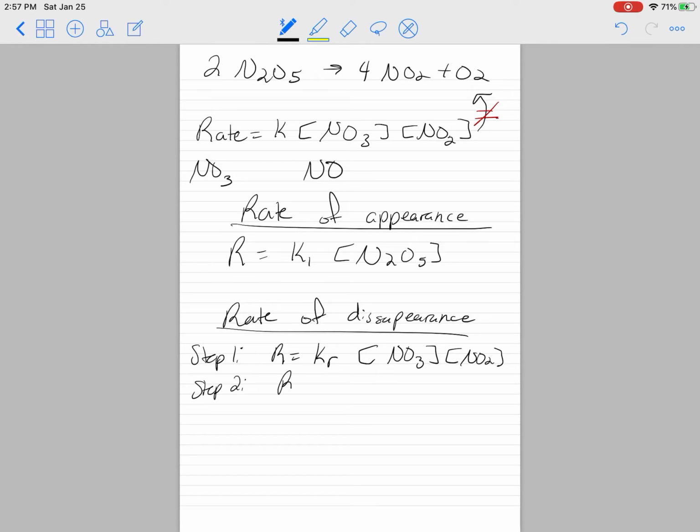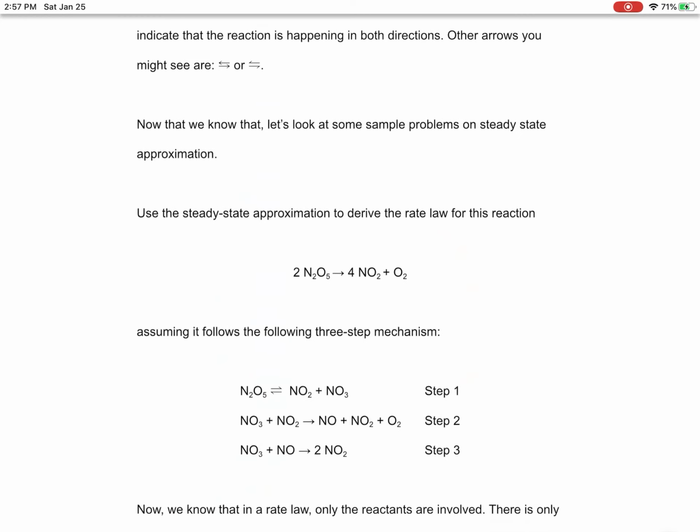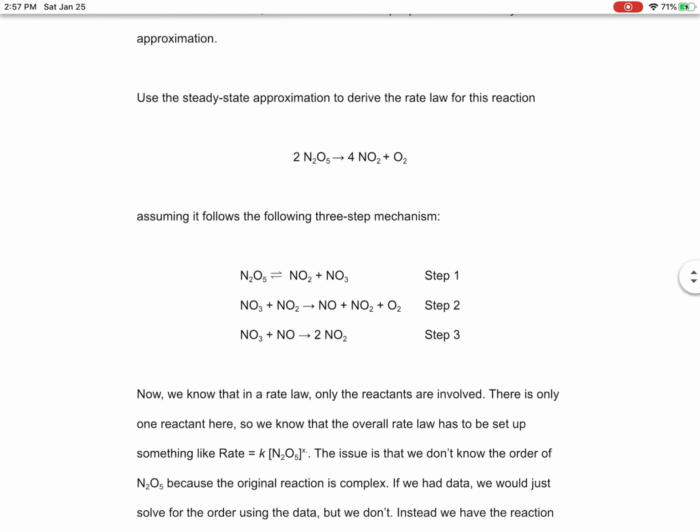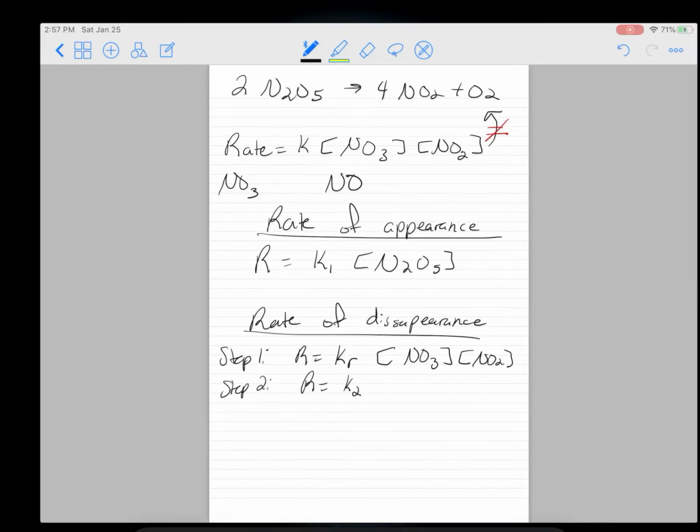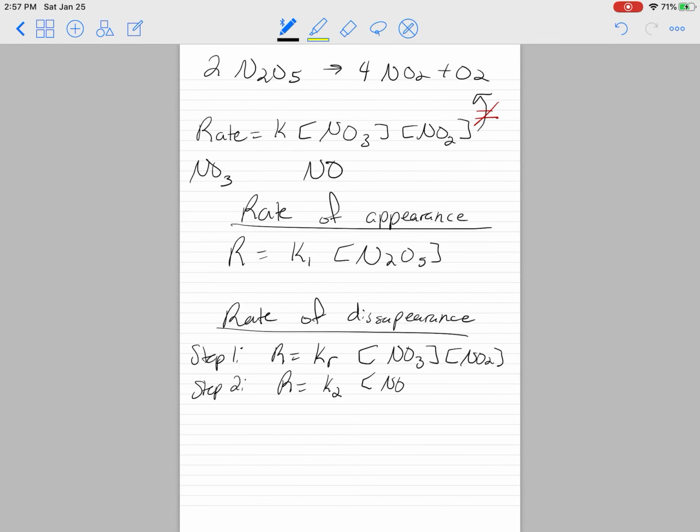Okay? For step 2, we'll have R is equal to K2, and that will just be our 2 reactants to the first order since both of their coefficients are 1. So, again, we'll have NO3 and NO2, just with a different K value.